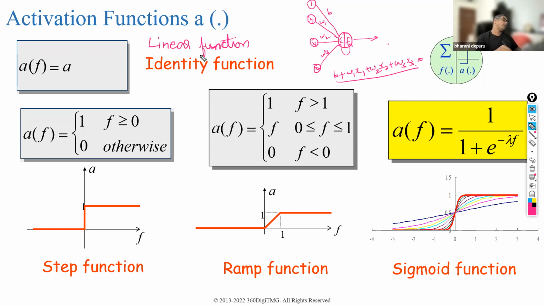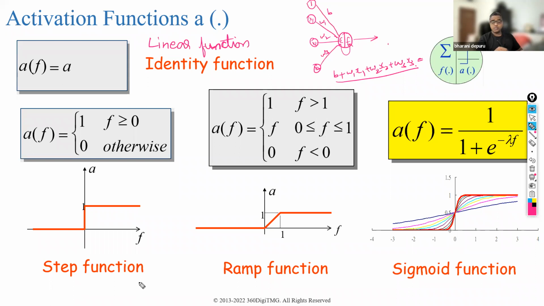That means if you apply a linear function or identity function, there is nothing that you do. You just take whatever the integration component is and pass it as is to the activation component. There is no change.